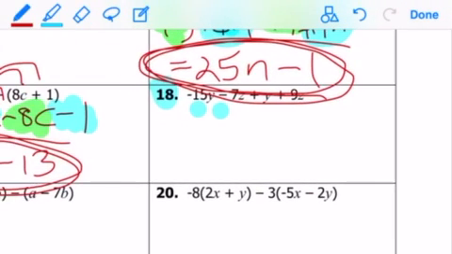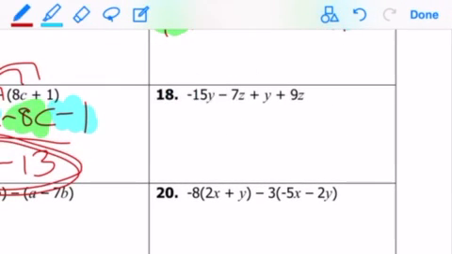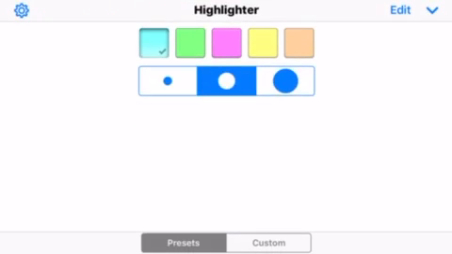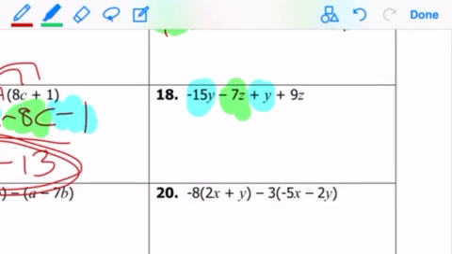All right, 18. This is just a combined like terms, okay? So Y's go with Y's, and Z's go with Z's, and try to think about how will we maybe write this in standard form.